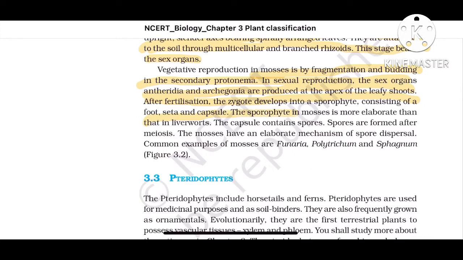The sporophyte in mosses is more elaborate than in liverworts. The capsule contains spores. Spores are formed after meiosis. Mosses have an elaborate mechanism of spore dispersal. Common examples of mosses are Funaria, Polytrichum, and Sphagnum.